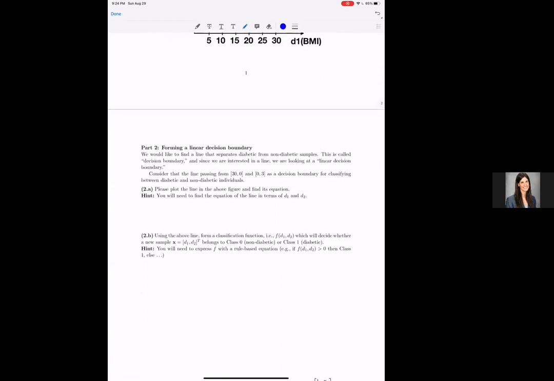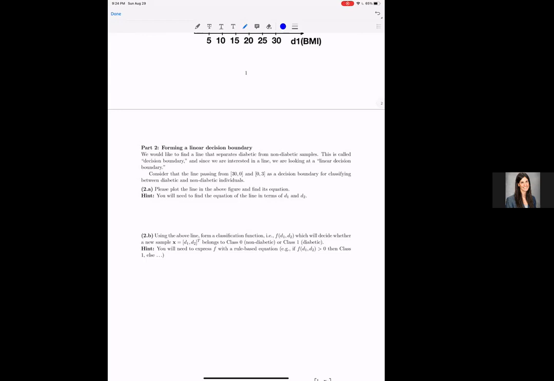Now, the second part says that we would like to find a line that separates diabetic from non-diabetic individuals. This line, formally in machine learning, is called a decision boundary. We are interested in this because after we have this, we can actually get a decision for our entire space rather than only for these 3 points that we have.